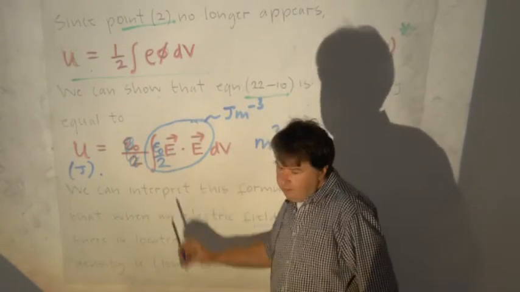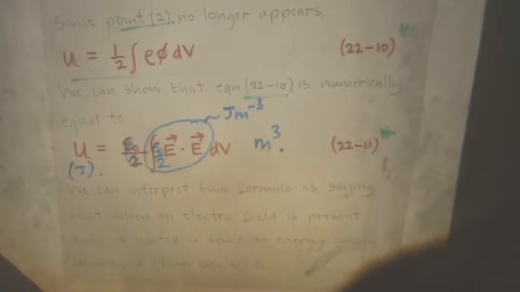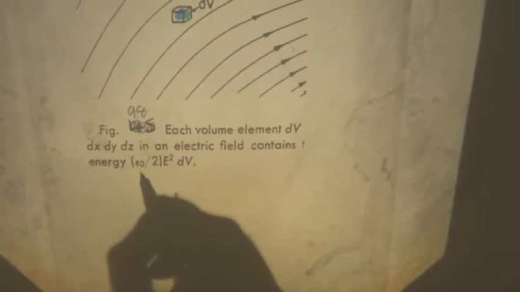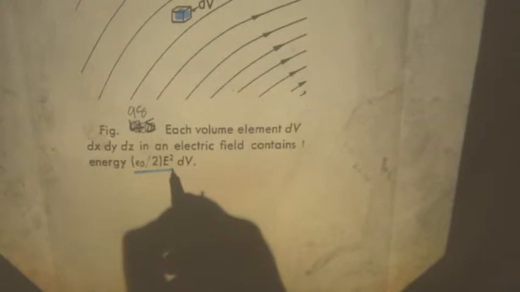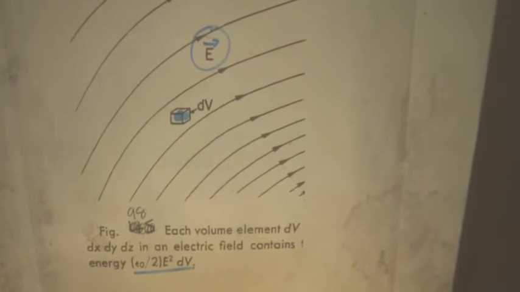So we interpret the expression as shown in figure 98. In other words, we've got some electric field which just exists. It can have any shape, any form. But the idea is that if we take any little infinitesimal cube in space, any one of these volume elements contains an energy E squared times epsilon naught over 2 dV.